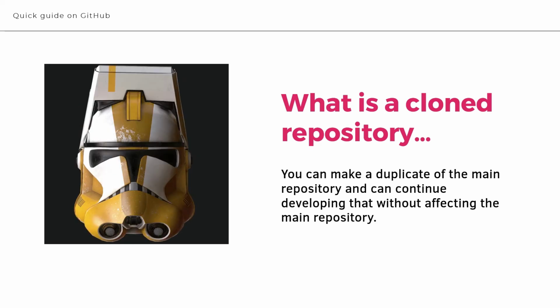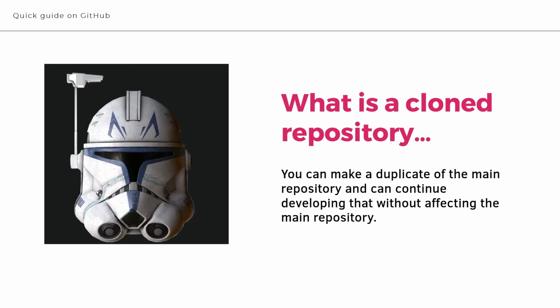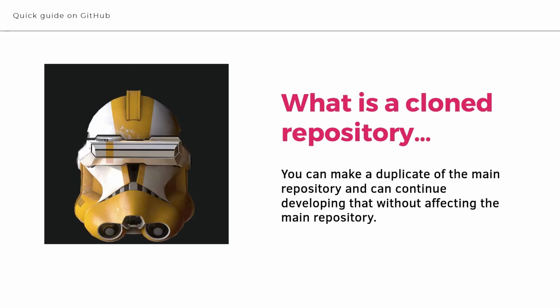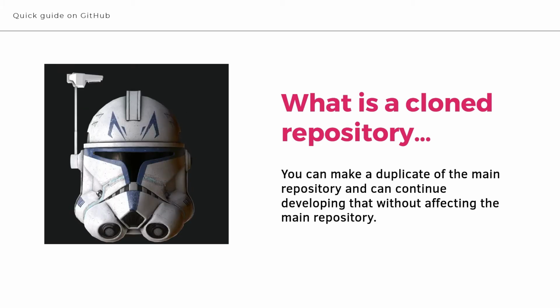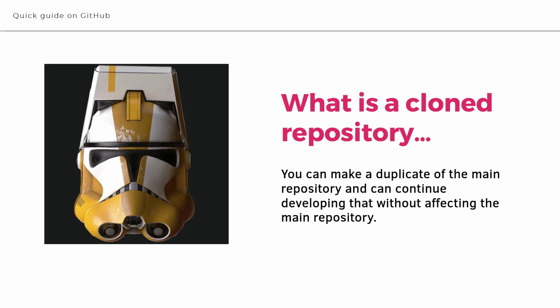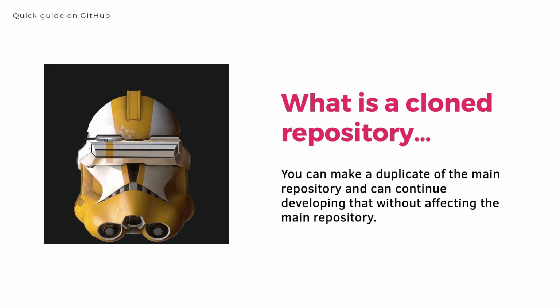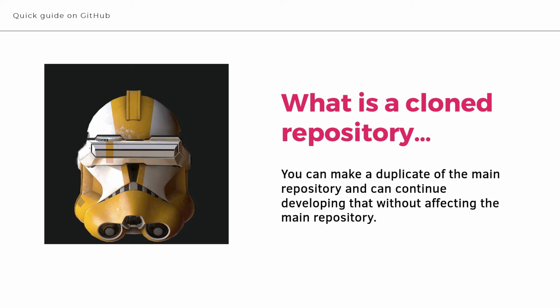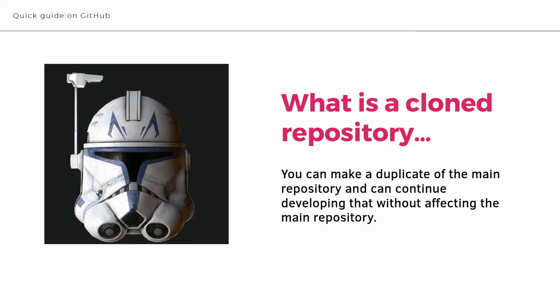The cloned repository is the repository which you make by forking an existing repository. By doing so, you create your own copy of the existing code in your GitHub account, where you can make all the changes until you are okay to merge them into the main code. Until then, the main code will exist in the same way without being affected by any of your changes.